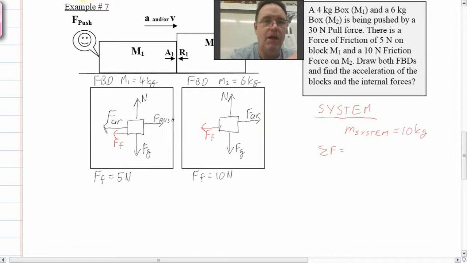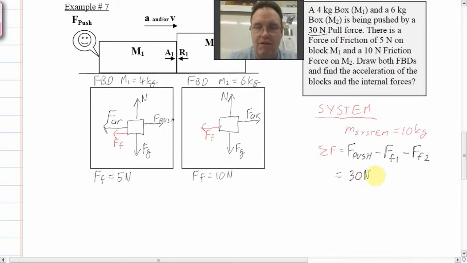So we have the push minus the force of friction of object 1 minus the force of friction of object 2. The push force here is 30 newtons minus the two frictional forces, number 1 is 5 newtons and number 2 is 10 newtons. So the sum of all the forces is 15 newtons.